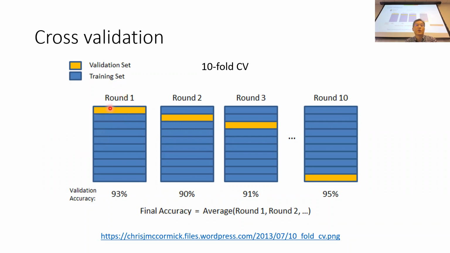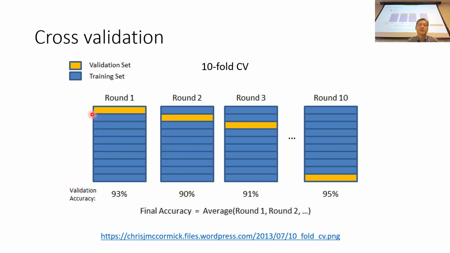For example, in round 1, you use 90% of your data as training and 10% of your data as validation. You use the blue fraction of this data set to train your model and get the parameters.